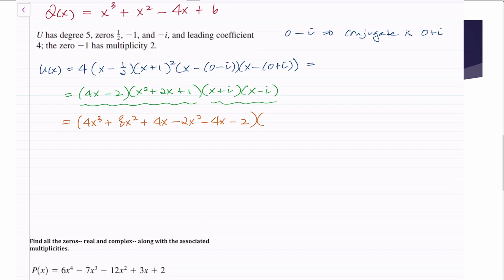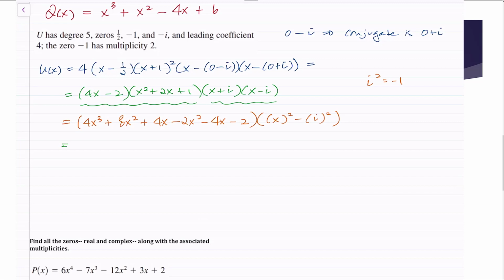Now, x plus i times x minus i is a difference of squares. If you want to show the details, be real clear here. You're going to have x squared minus i squared. Do you agree? And so when you continue to simplify that, remembering that i squared is -1, here's what happens.